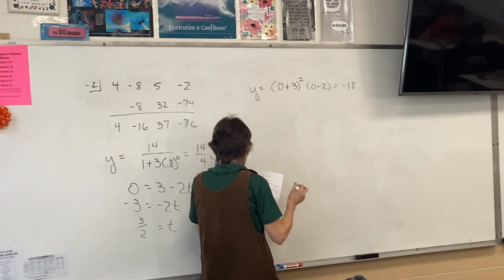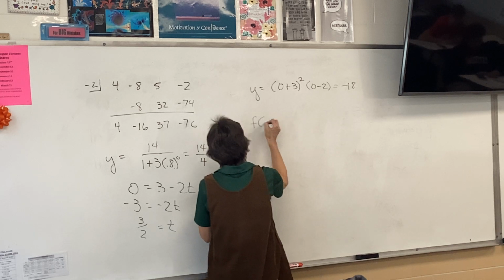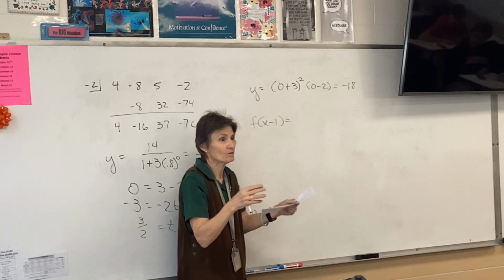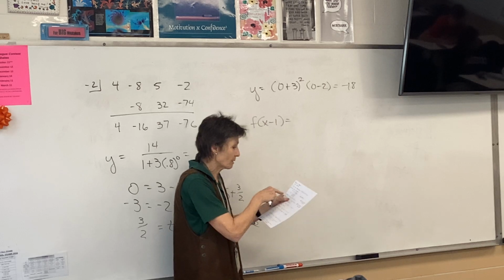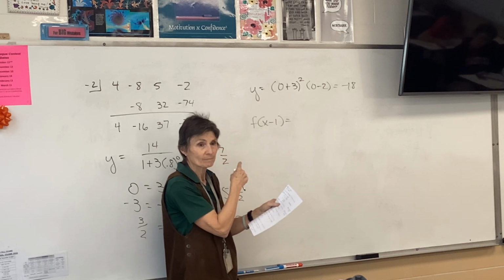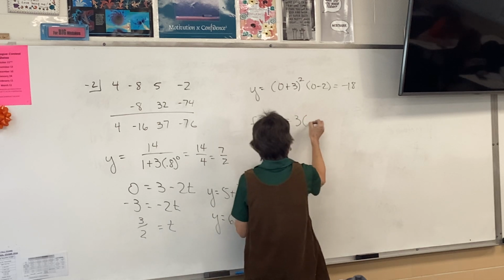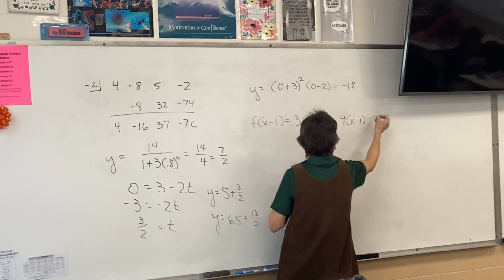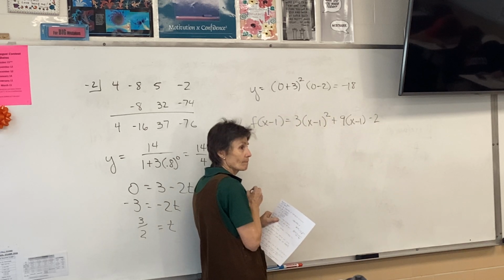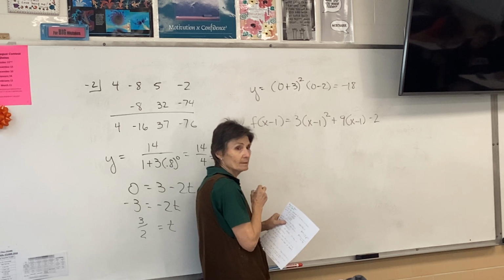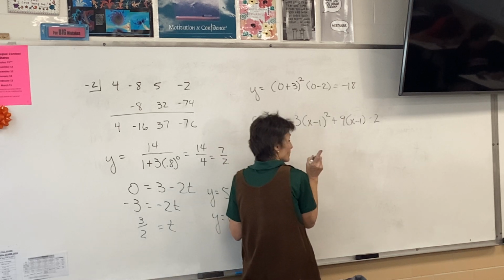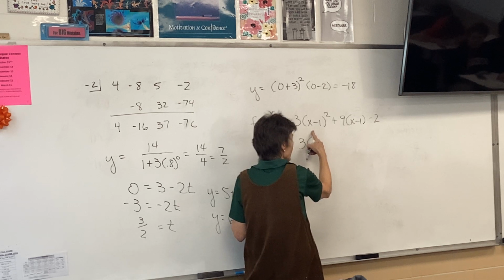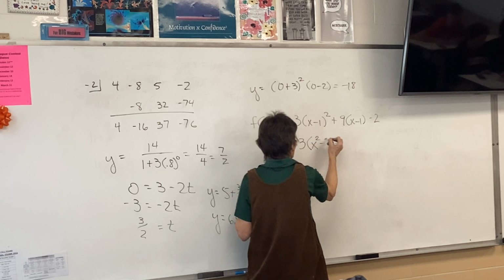Okay, number 3. f(x minus 1). Okay, so how do we find f of anything? Plug it in. You plug it in. So we're just gonna plug in x minus 1. So we're gonna have 3(x minus 1) squared plus 9(x minus 1) minus 2. Right? And then I'll start foiling. So (x minus 1) times (x minus 1).